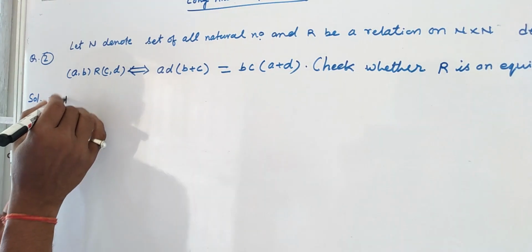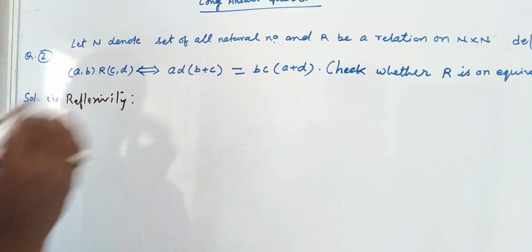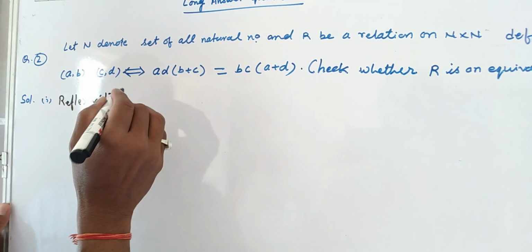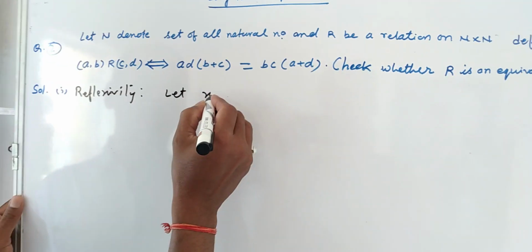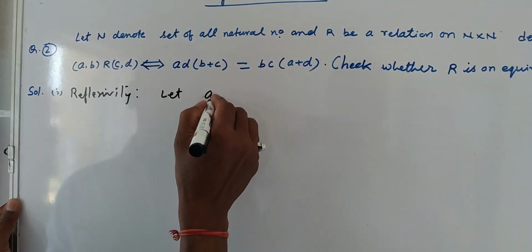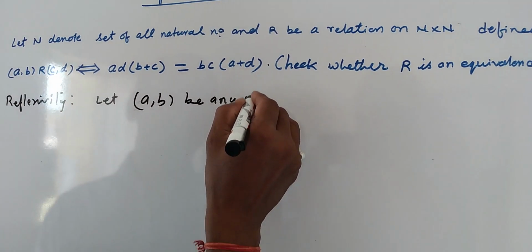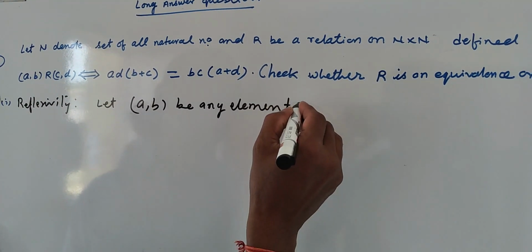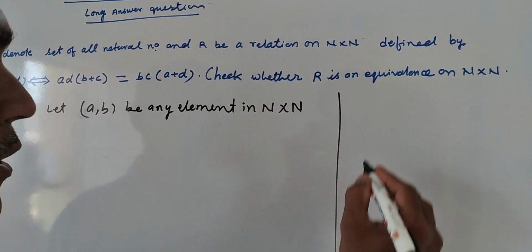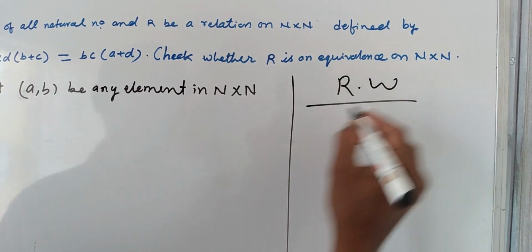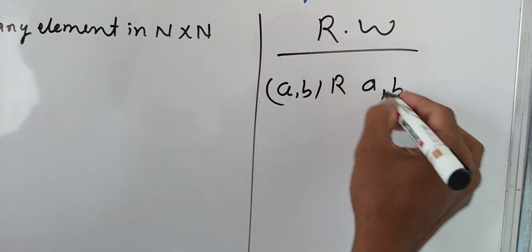First, reflexivity. For reflexivity we take any one element in N cross N. So let (a, b) be any element in N cross N. Now, rough work: we have to prove (a, b) must be related to (a, b).